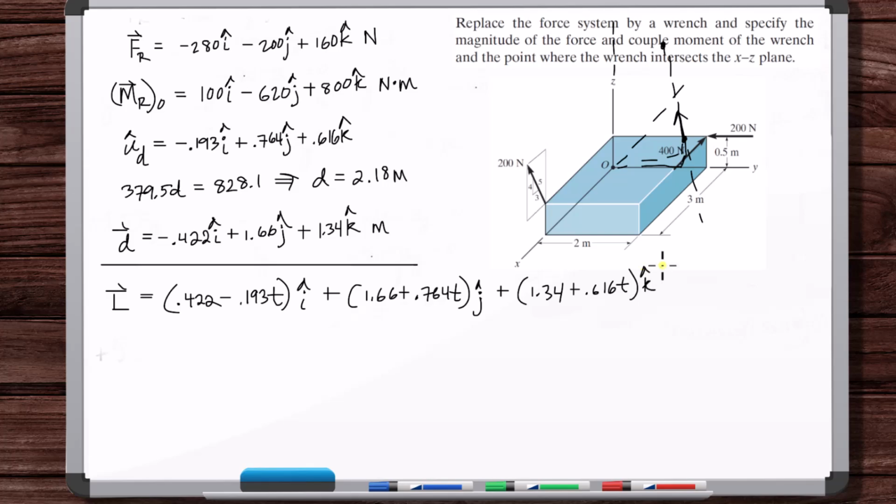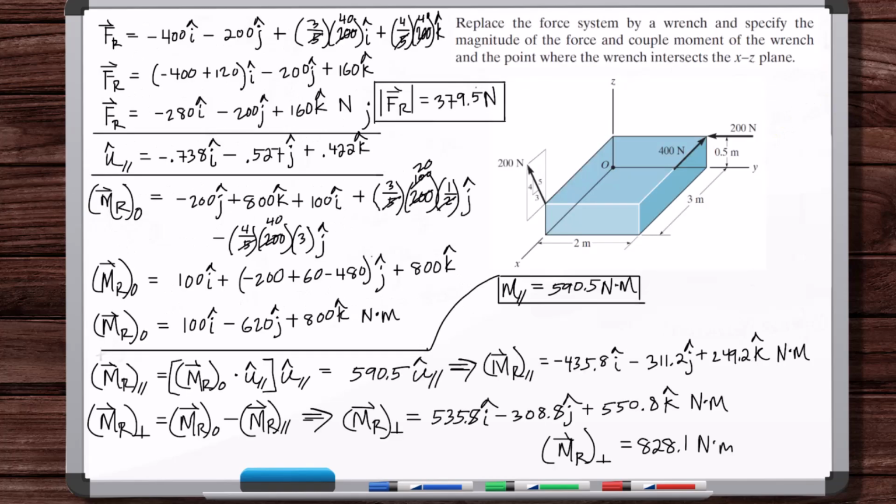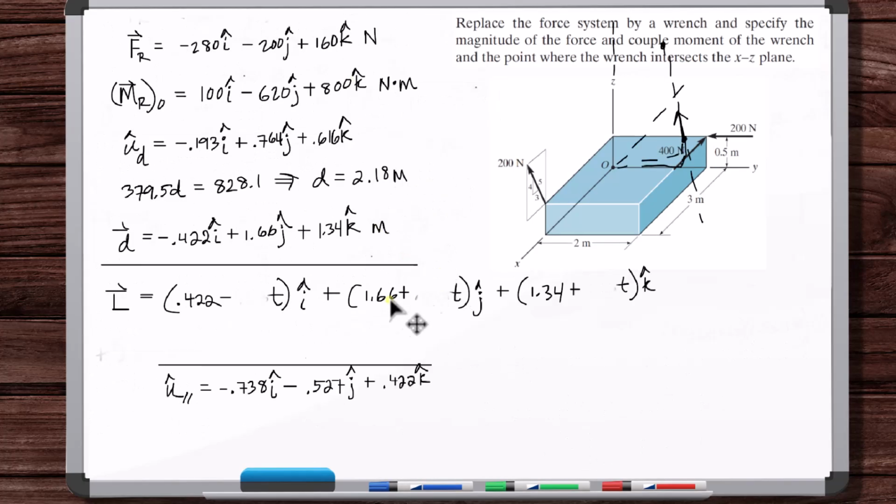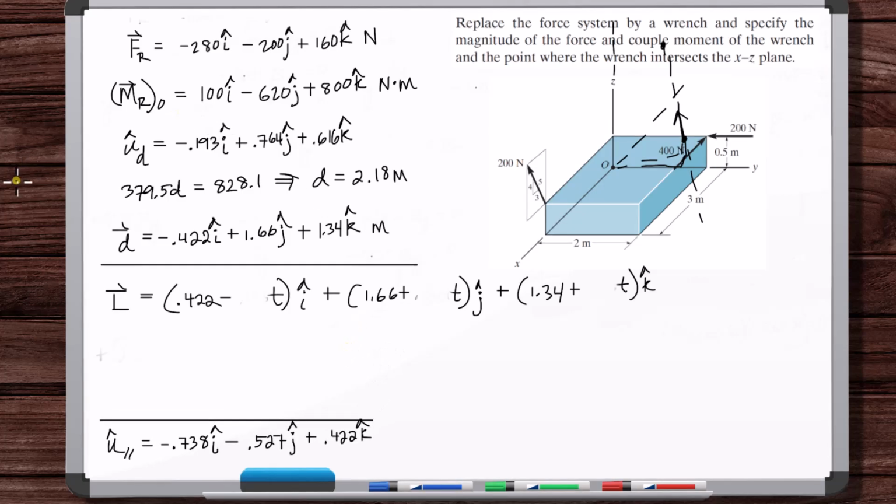Oh, wait. No. Sorry. The direction is not the direction of D. The direction is the direction of the wrench. What is the direction of the wrench? It's this direction. There's the direction of the wrench. So, okay, 0.422, well, it's minus 0.422.